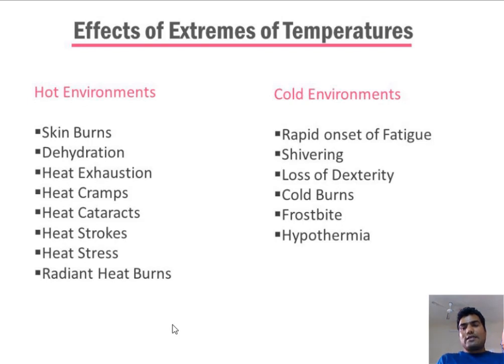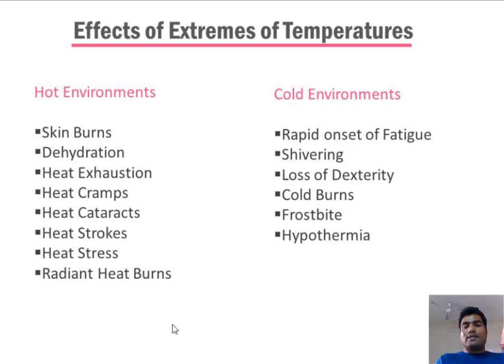Effect of extremes of temperature. If the temperature is extreme, too much, in a hot environment, what happens to our body? Skin burn may occur, because direct sunlight on our skin may cause skin burn. Dehydration.